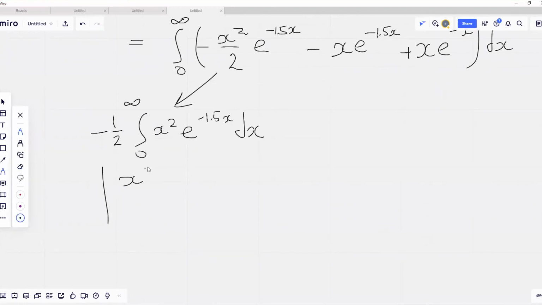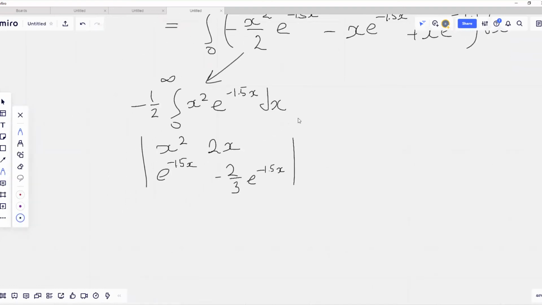So u is equal to x squared, its derivative is 2x, and dv is e to the power of minus 1.5x, whose integral is minus 2 over 3 e to the power of minus 1.5x.